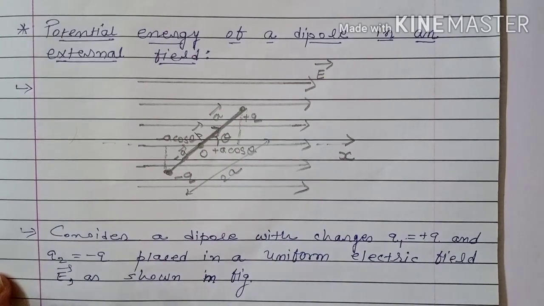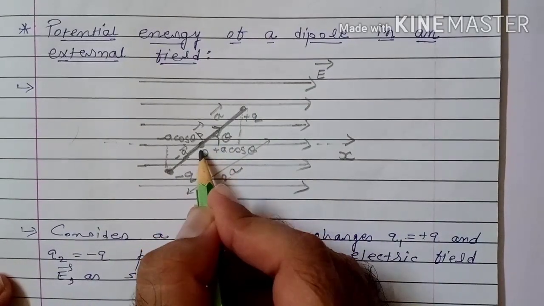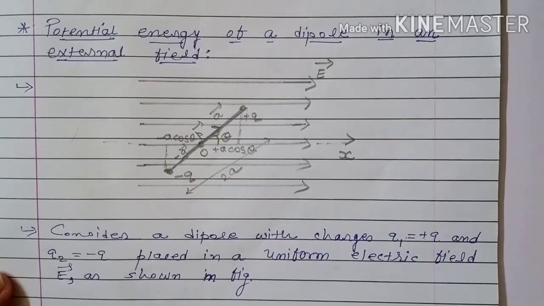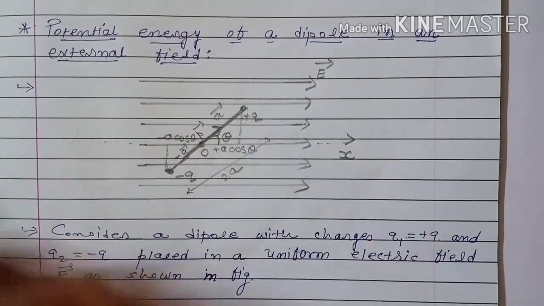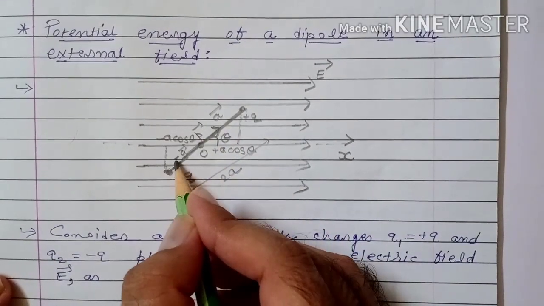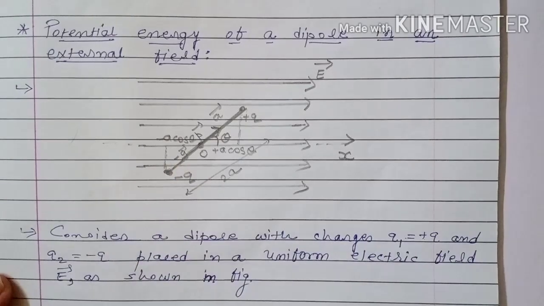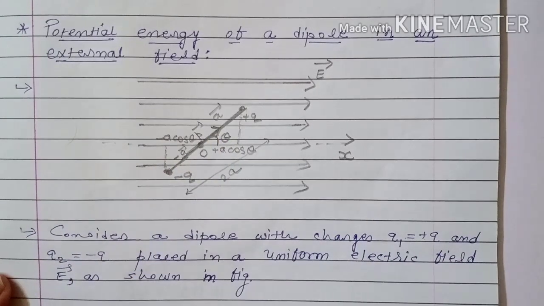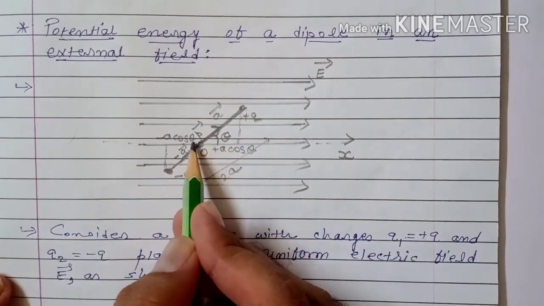Here if we consider this center point as origin, then this OQ is a vector, and this is O minus Q, that is minus a vector, because it is in downward direction. So this is minus a vector and this is plus a vector. If this angle is theta, then this will also be theta.